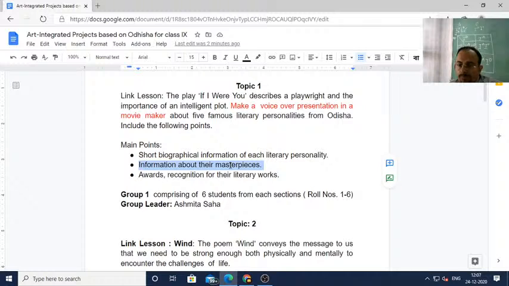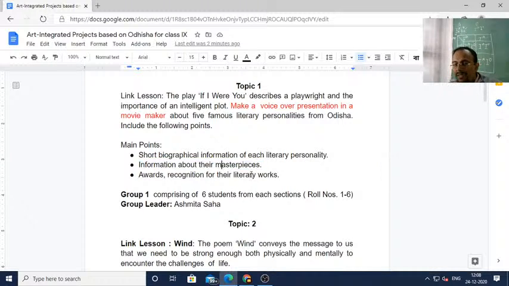So if a particular poet has three famous poems, then you have to mention these three famous poems, and what each poem deals with or discusses. So you have to write about their masterpieces.